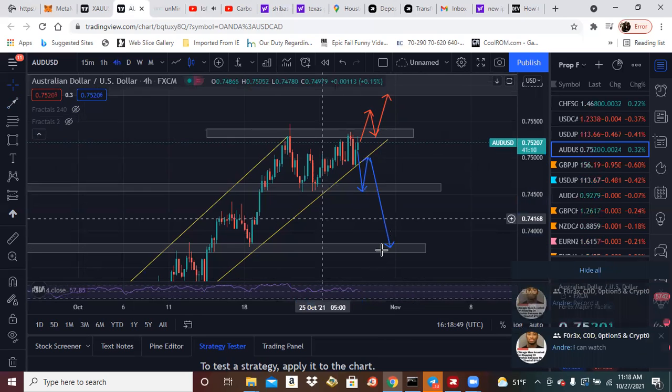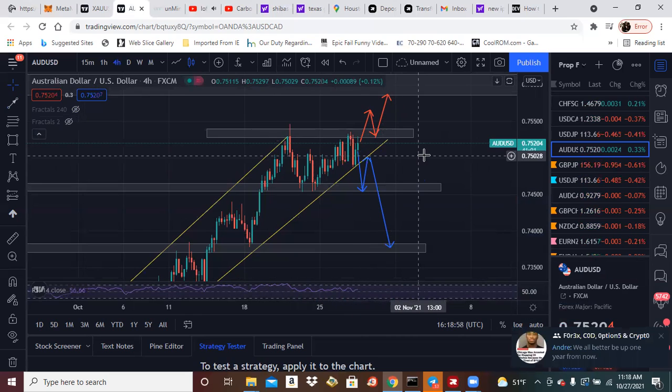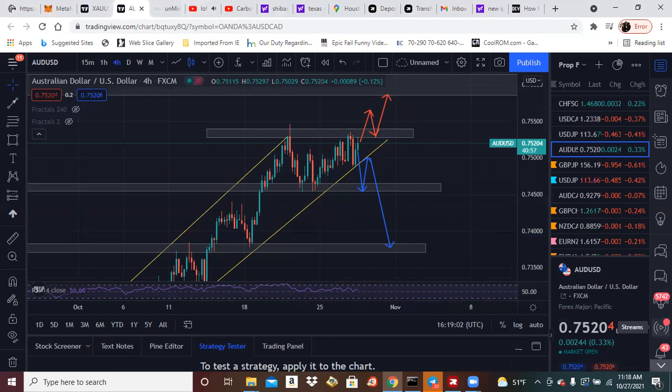And this will be the target area. These are the only choices that we have right here. Of course, there could be other choices. It could sit here and consolidate, but these are the moves that I'm looking for on this AUD/USD.